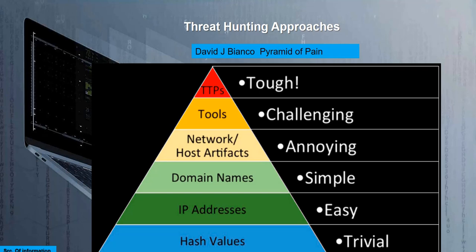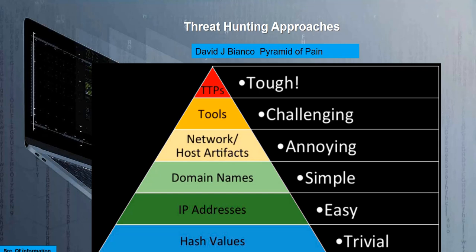Now, looking at the pyramid, the levels within the pyramid represent different types of indicators of compromise that can be used to detect malicious activity in your environment.